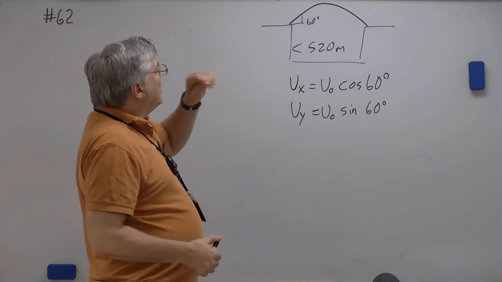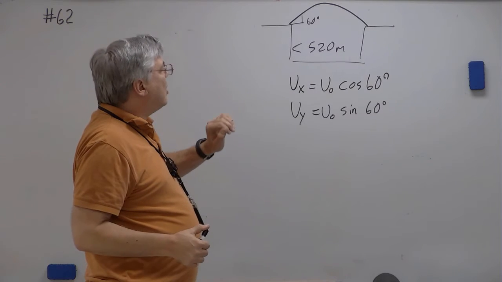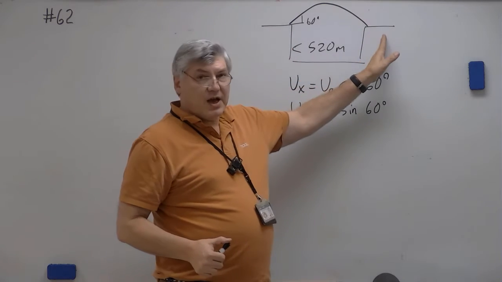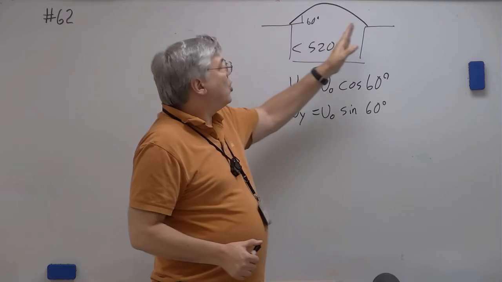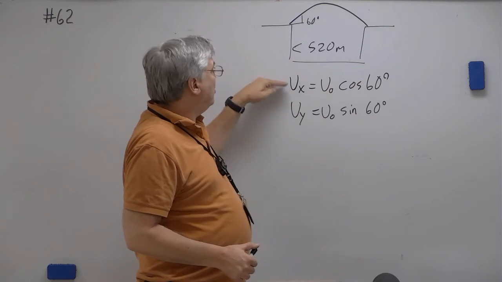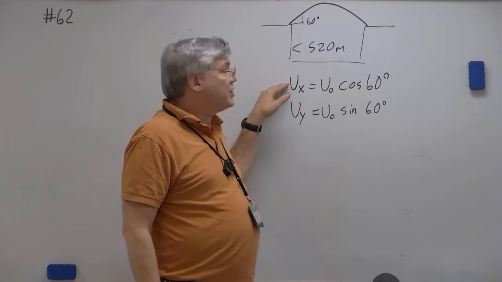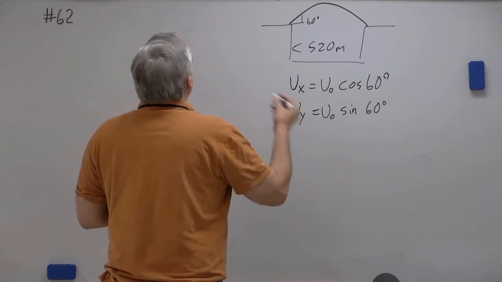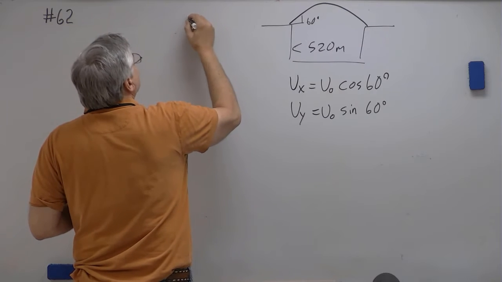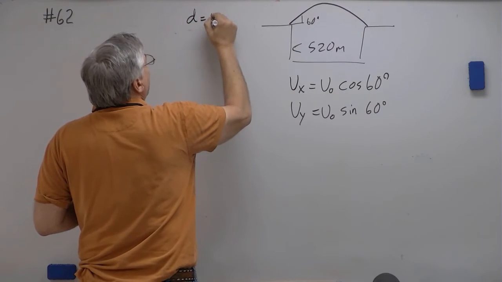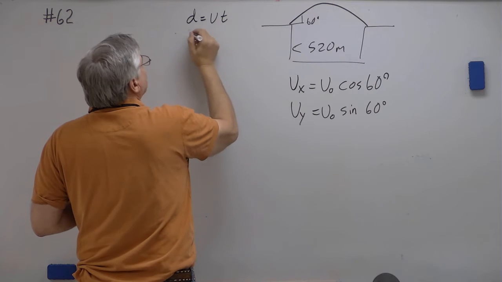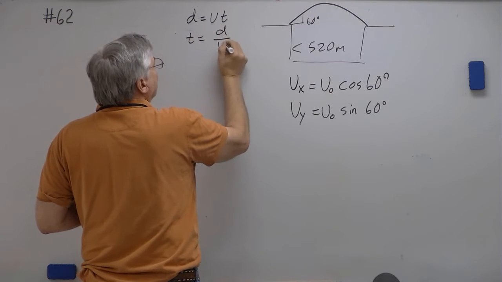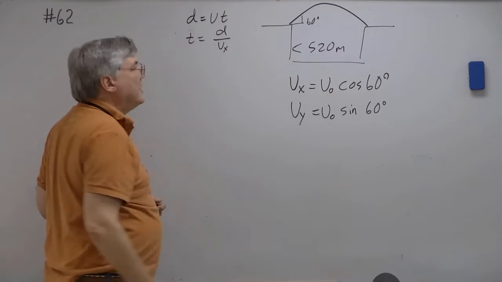Let's also see what we can solve for quickly. We know that the amount of time she takes to get across the canyon is going to be equal to the distance she has to go divided by her velocity in the x direction, because we have this really basic equation that says distance is equal to velocity times time. So time is equal to distance divided by velocity, and that's the x velocity.